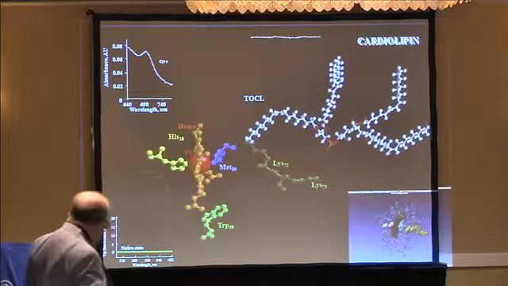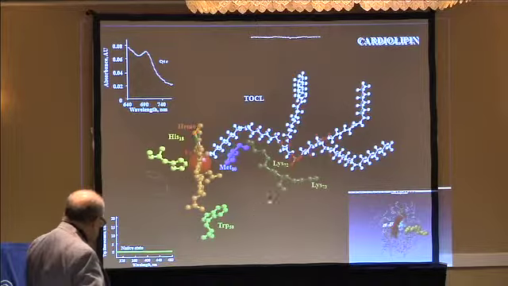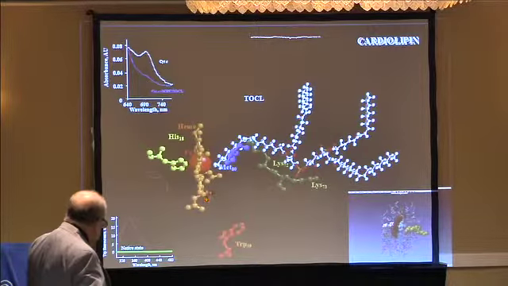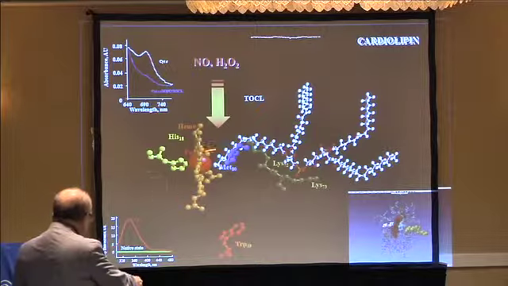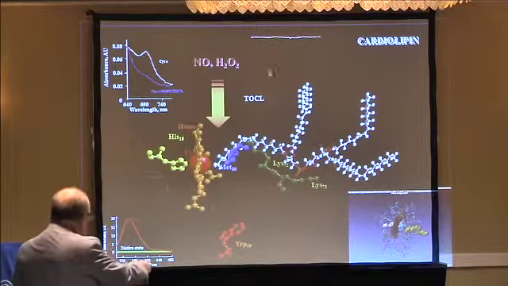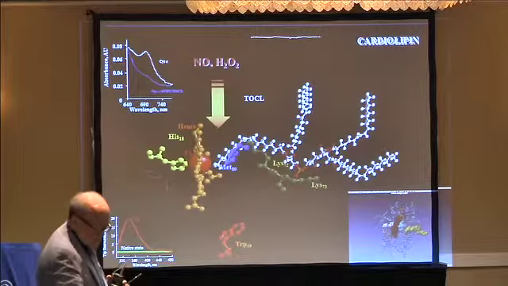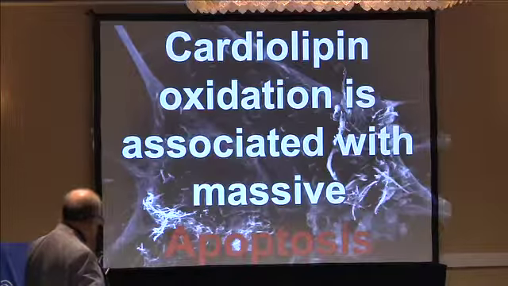In this complex, it begins with this electrostatic interaction, and then one of the fatty acids of cardiolipin evidently has a more profound interaction with cytochrome C, resulting in weakening of this methionine 80 heme iron bond, allowing small molecules such as hydrogen peroxide to sneak in and start catalyzing an unusual oxidation reaction.